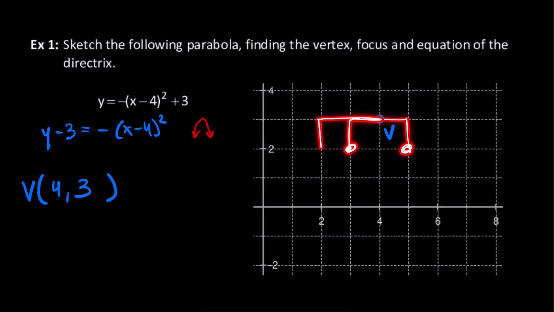Then we go out 2, down 4. And that's really as far as we would need to go here because you can't fit any more in. This number in front of the square term is our vertical stretch. Well, for this one, we don't have a vertical stretch. Okay, so I'm going to go over 1, down 1, over 1, down 1, over 2, down 4, over 2, down 4. And I can sketch that in.